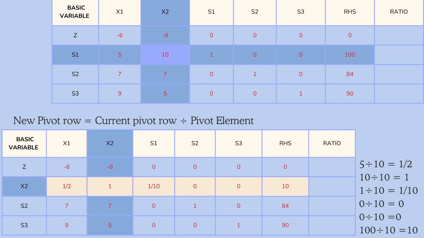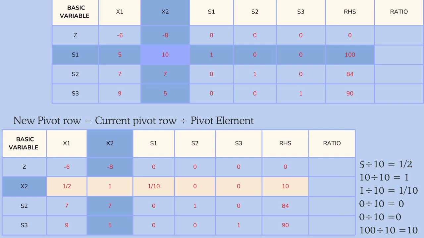Then, gagamitin na natin yung formula na sinabi ko: new pivot row is equals to current pivot row divided by pivot element, which ang current natin is yung S1 is equals to 5, 10, 1, 0, 0, 100.